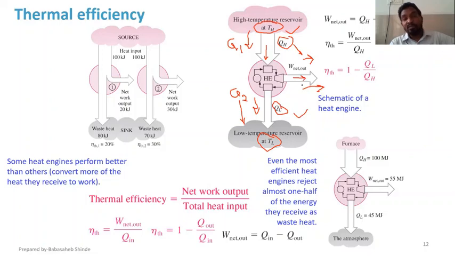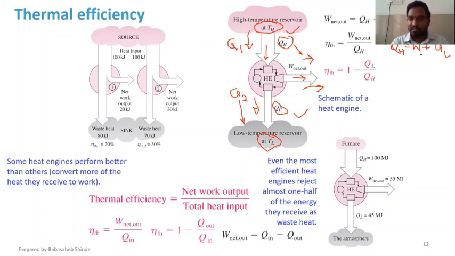So if I try to establish a relationship between those three, the relationship will be like QH, that is energy input to the system, is equal to W, that is one of the energy going out of the system, plus QL, that is another energy going out of the system.